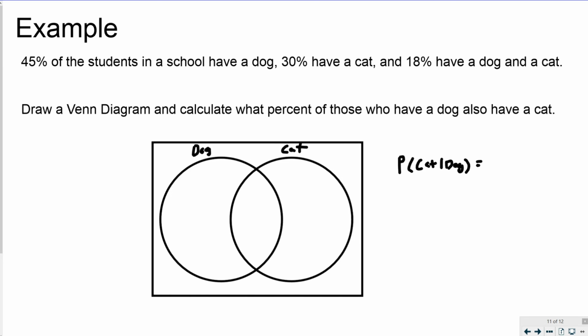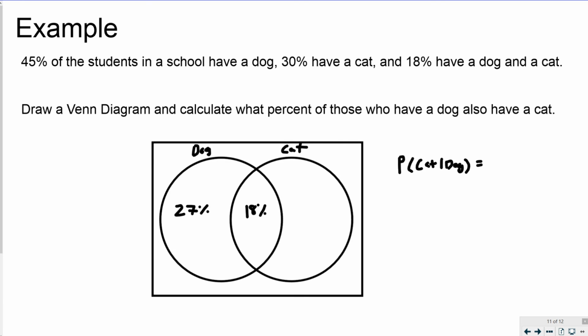45% have a dog, 18% have a dog and a cat, and 30% have a cat. So we have to put 18% in here. And then since that's the both, we need to take that away from both to get the only categories. So if you do 45 minus 18, you get 27% here.